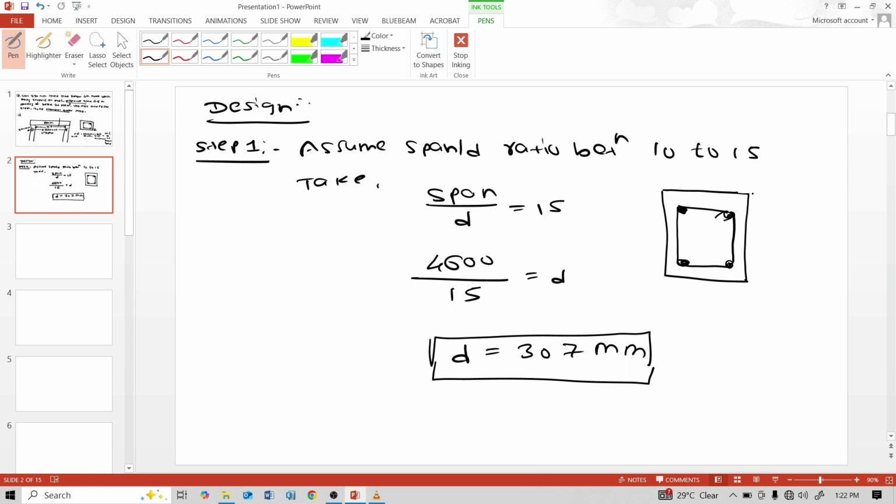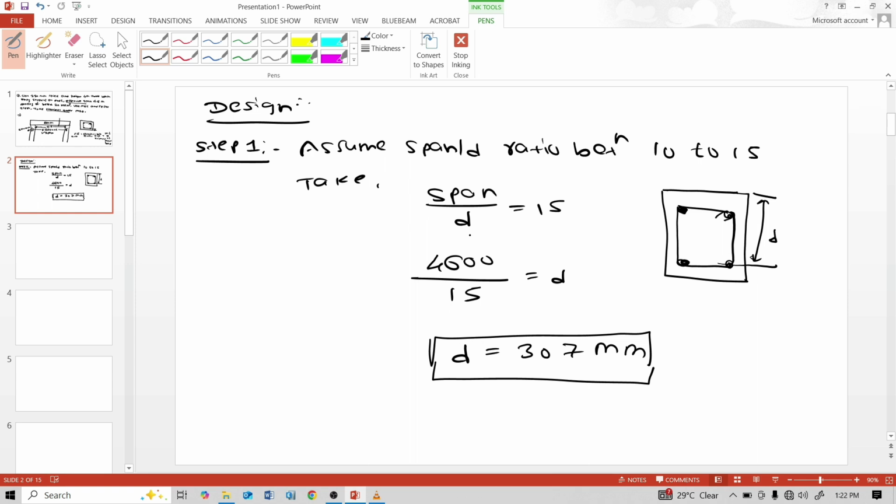Effective depth is between top distance to this distance. Small d. Half of the main bar distance.